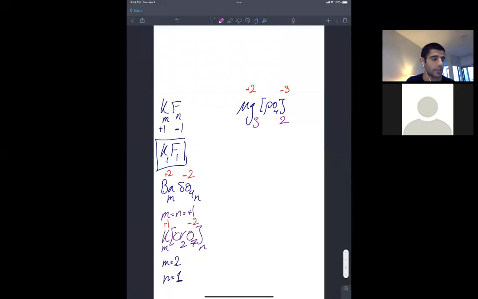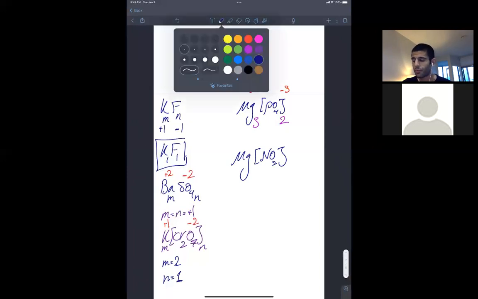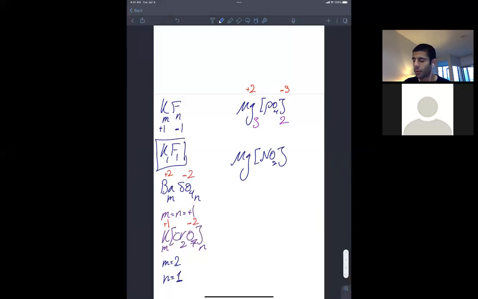So another example would be Mg NO2. So you might know, or I hope you do, that this is +2 and this is -1. So how many do I need?